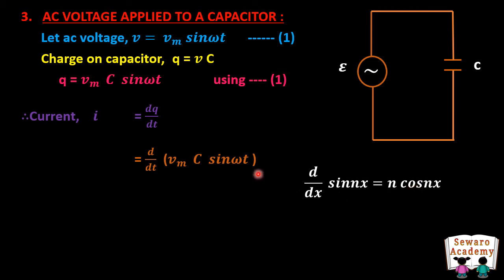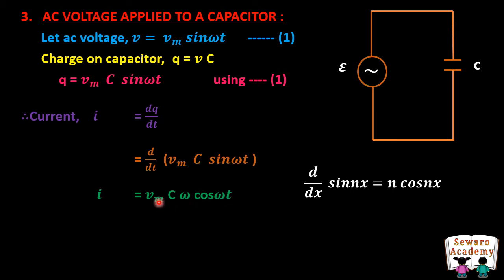If we compare these two, in place of omega here we have n, and in place of t we have x. So using the formula, it will be omega cos omega t. After using the formula, I equals Vm C omega cos omega t.